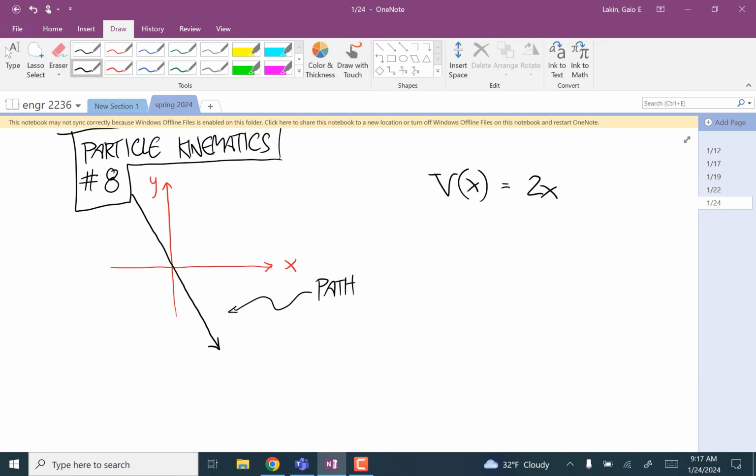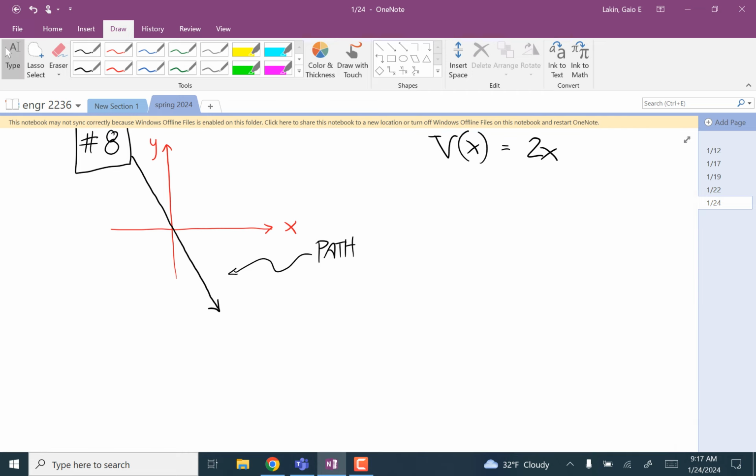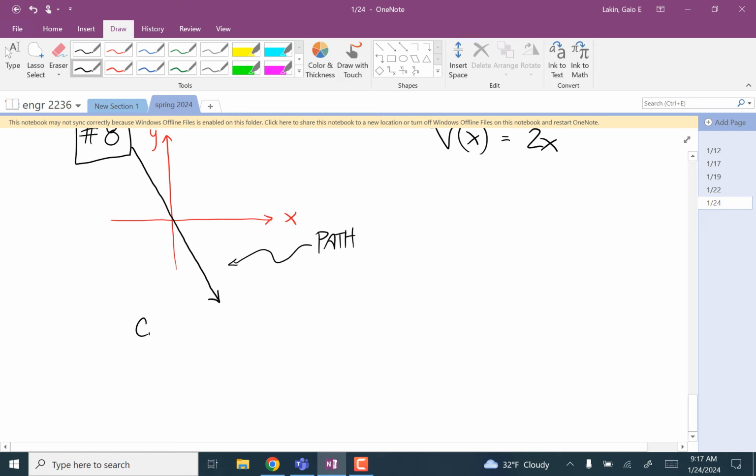Well, since we have all of our stuff represented in terms of a position variable, it should trigger in your head, we're probably going to use this chain rule approach. So the chain rule approach to finding the acceleration says that the starting point is to find the velocity as a function of that position variable.